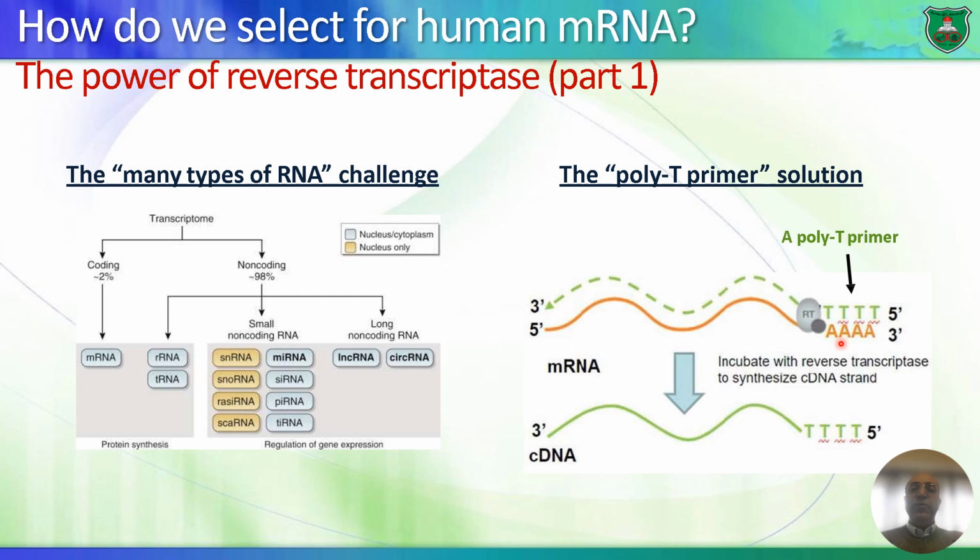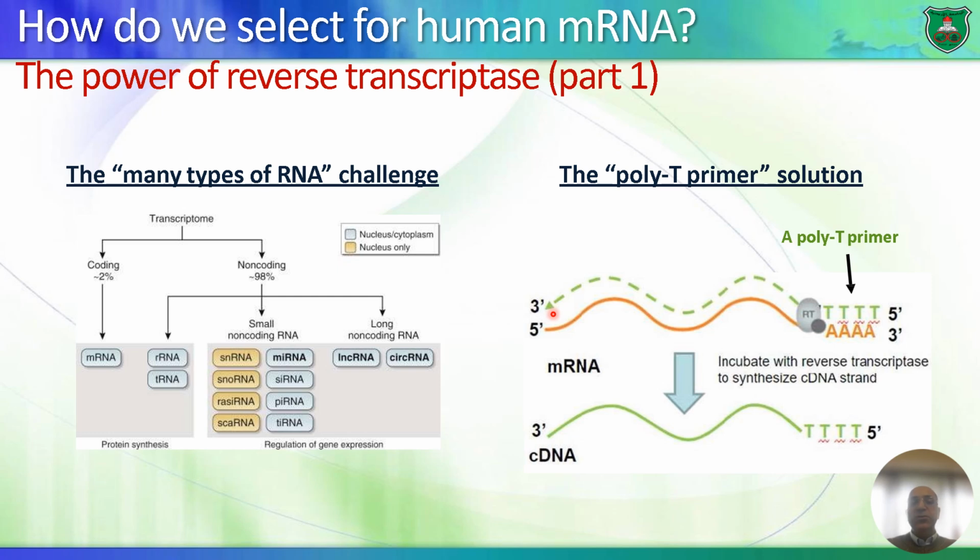And this enzyme requires a primer, just like DNA polymerase does. So we use a poly T primer. We add this poly T primer, and the reverse transcriptase synthesizes the first strand of DNA.